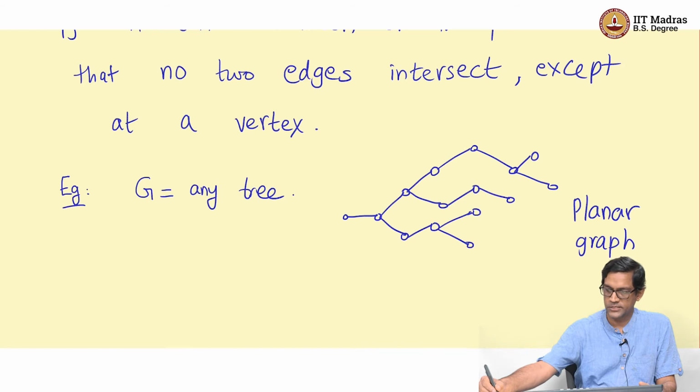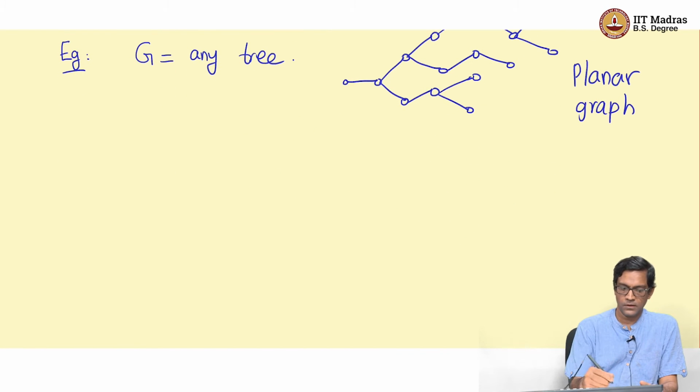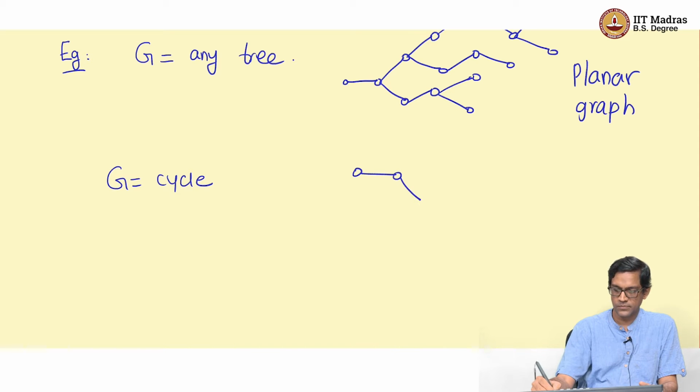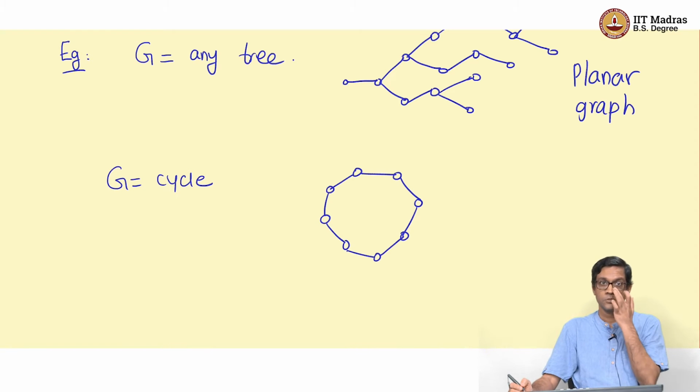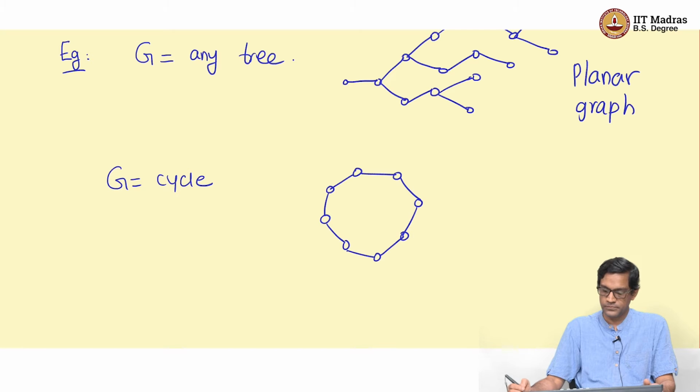There are of course other examples. For example, G can be just a cycle. So a cycle, recall, is just a graph like this with n vertices arranged in the form of a circle. So that's again a planar graph. So there are many other examples of planar graphs.